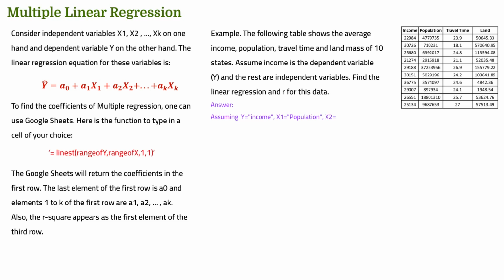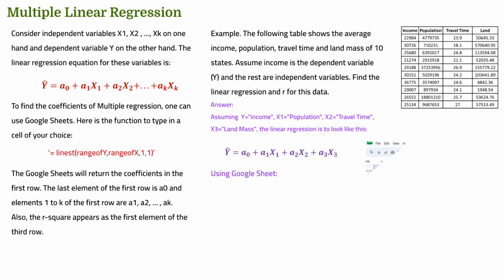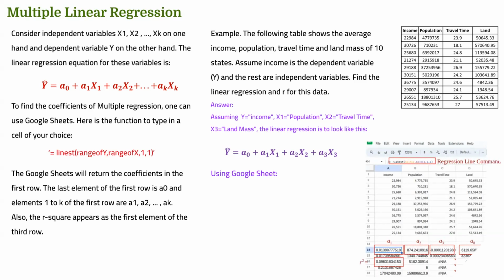The answer: assume y is income and x1 is population, x2 travel time, x3 land mass. The linear regression is going to look like y hat is equal to a0 plus a1 x1 plus a2 x2 plus a3 x3. Three of them because we have three independent variables. Using Google Sheet, you will get the result as the rows 13 to 18.